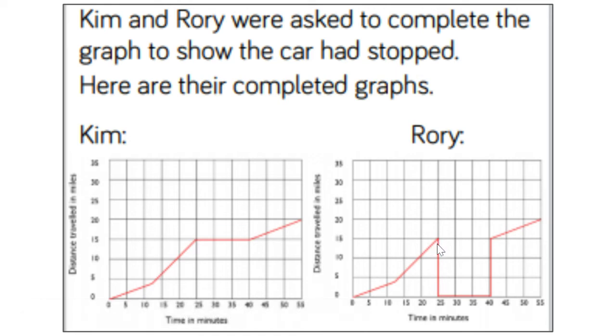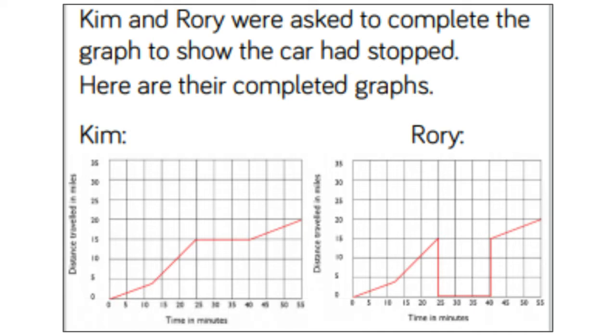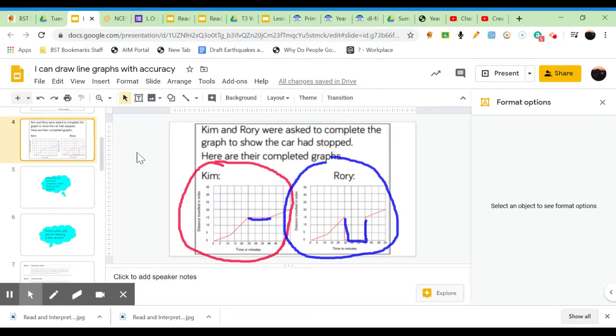And Roy has said, well, no, there isn't any further distance traveled, but actually it drops all the way back down to 0, and there isn't any distance that has been traveled overall. Okay, so my first question to you is this.